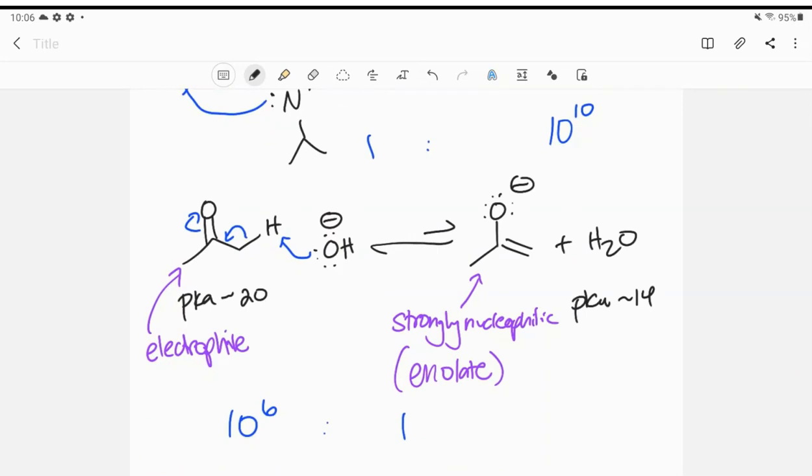So if OH minus is an acceptable base for your reaction, you should use it over choosing your stronger bases because it's safer. However, if OH minus will give you weird products, don't use OH minus, right? So use the strong bases if you have to.